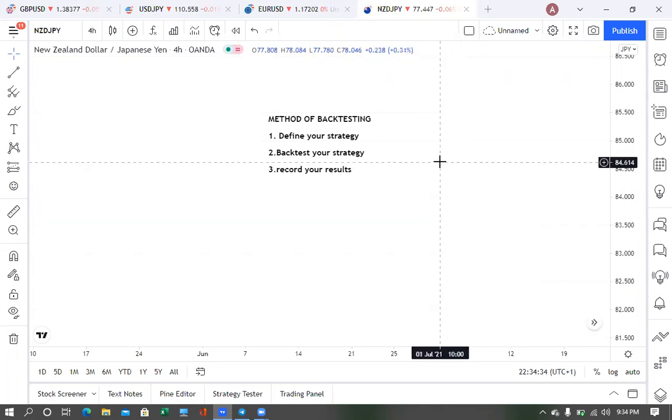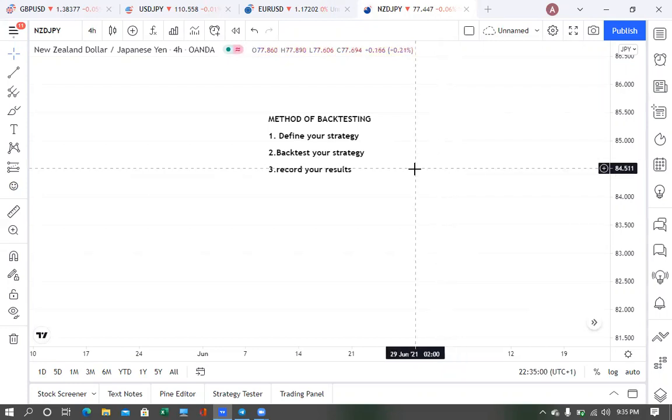If the question you ask is what is backtesting, backtesting refers to looking at the historical data to understand how it works, or looking at the previous chart to see how a particular strategy works. That is what we mean by backtesting.